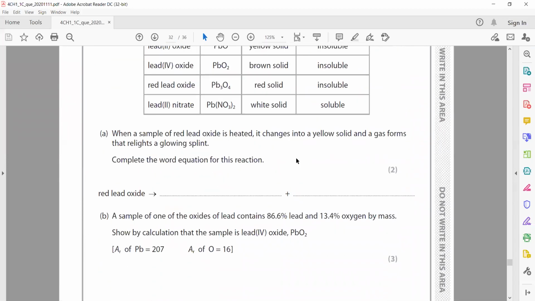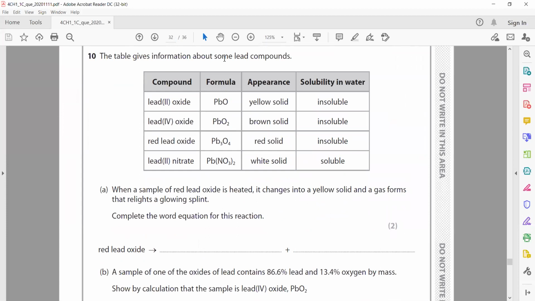Question 10. The table gives information about some lead compounds. When a sample of red lead oxide is heated, it changes to a yellow solid and a gas is formed that relights a glowing splint. Complete the equation. So when red lead oxide is heated, it forms a yellow solid. Which one is a yellow solid?